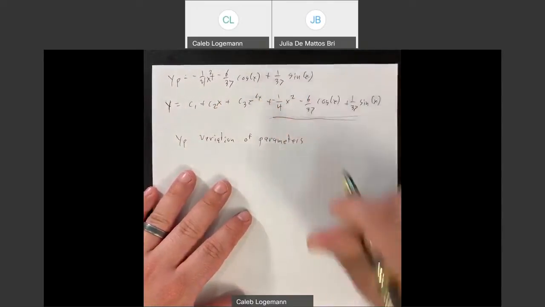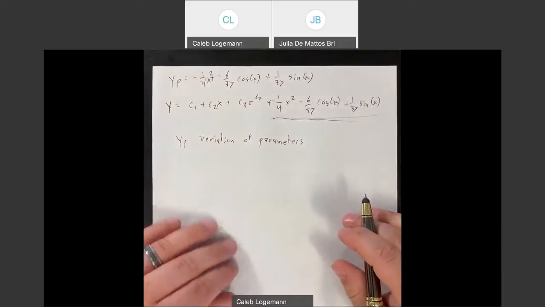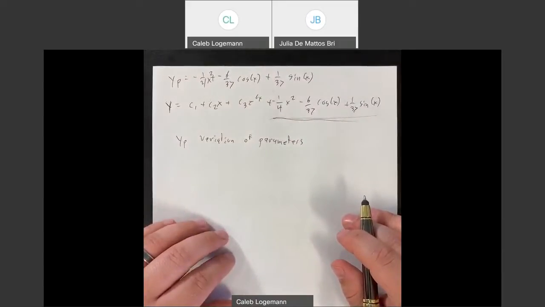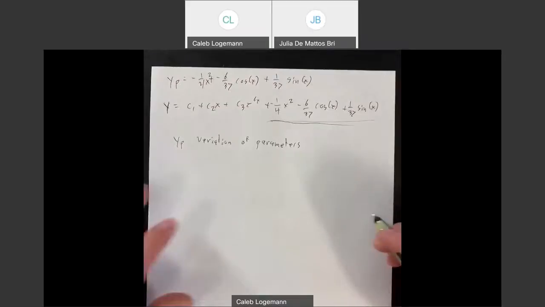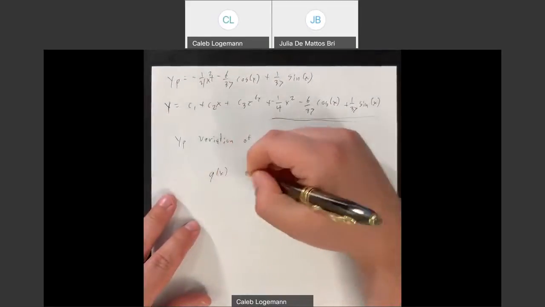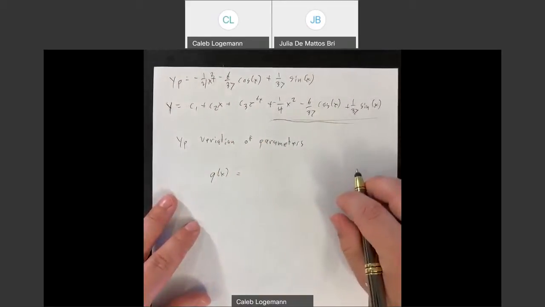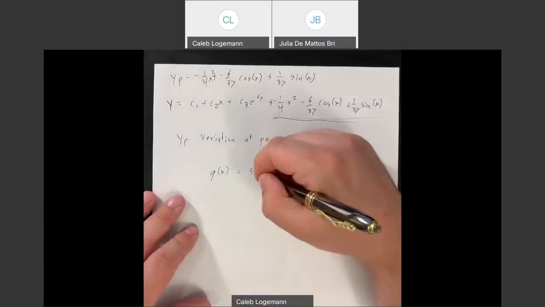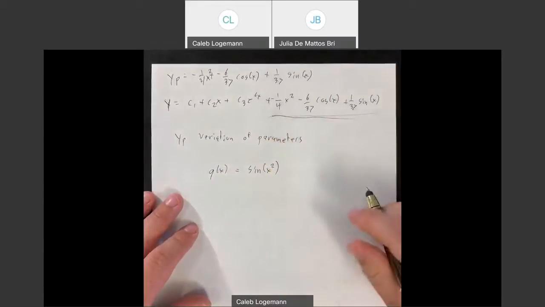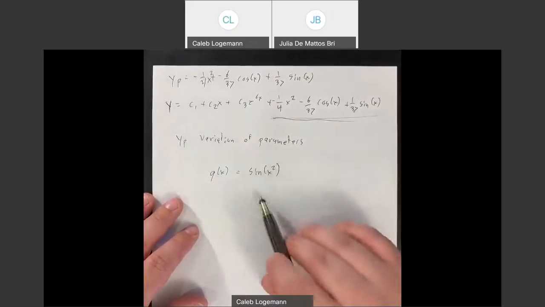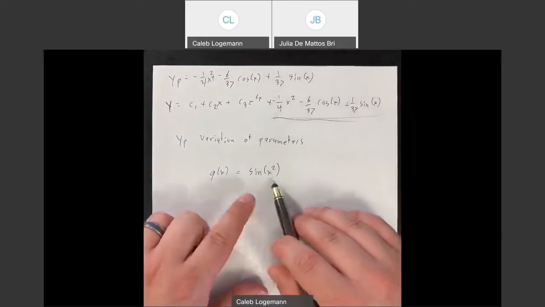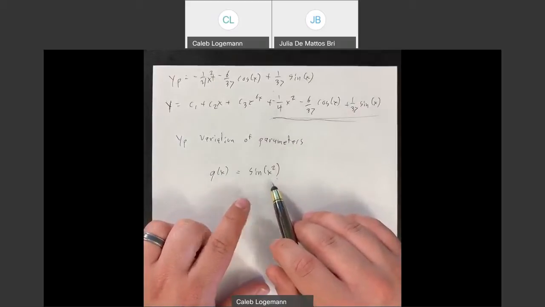Okay, so one of the key drawbacks of this approach is that it only works with polynomials, sines and cosines, and exponentials. If you had something else for g of x, even if you started doing something like sine of x squared, things don't really work out, because if you make a guess like this, the derivatives don't necessarily match up.